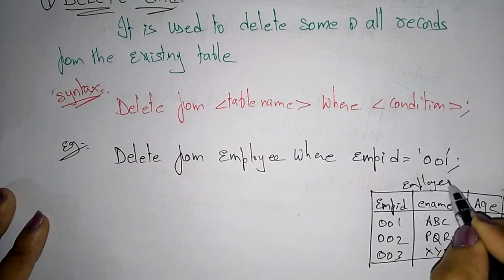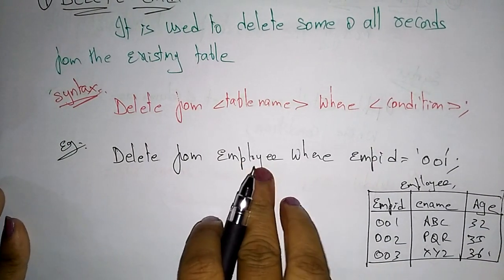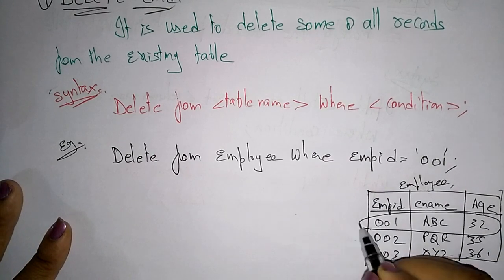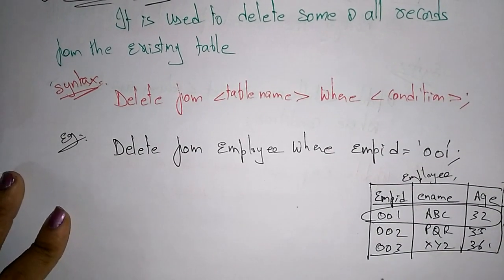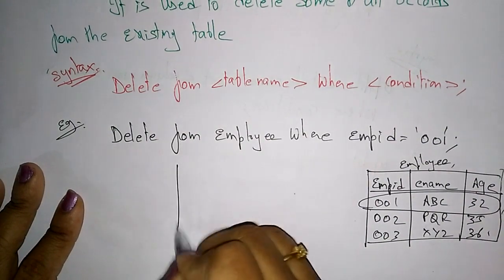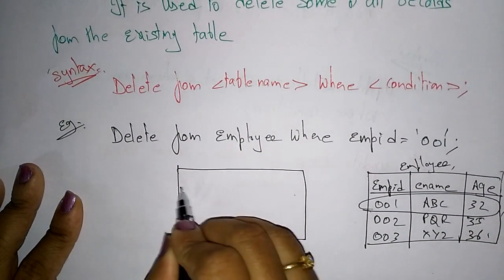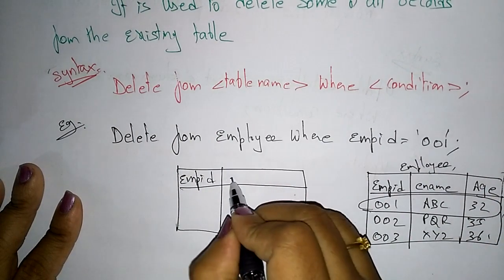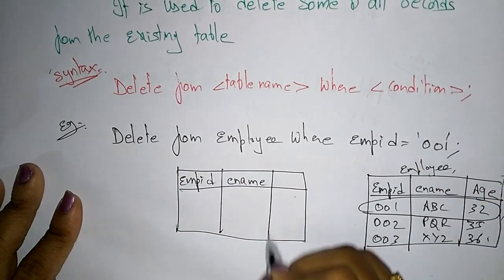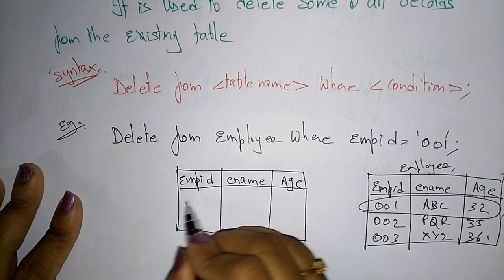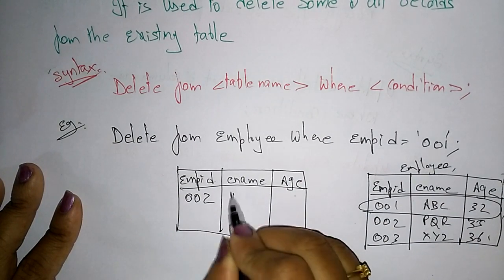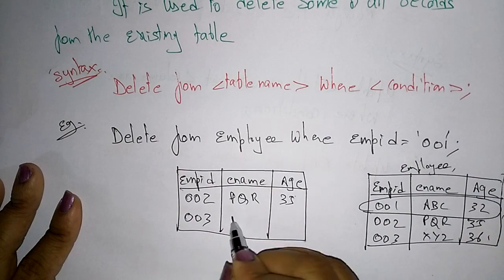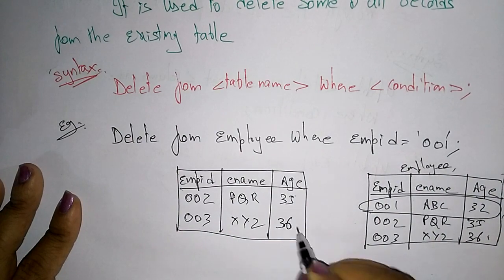Now when I use the command delete from employee where employee ID is equal to 001, it deletes that complete row. The new table will consist of only two rows: 002 PQR 35, 003 XYZ 36.